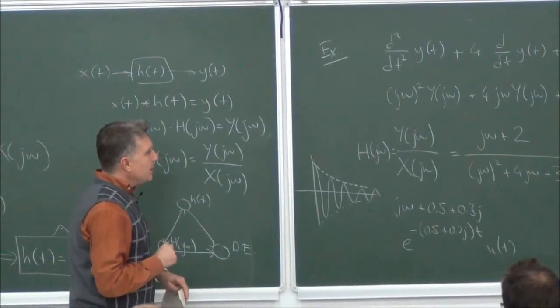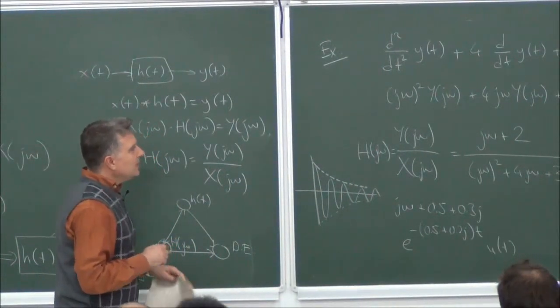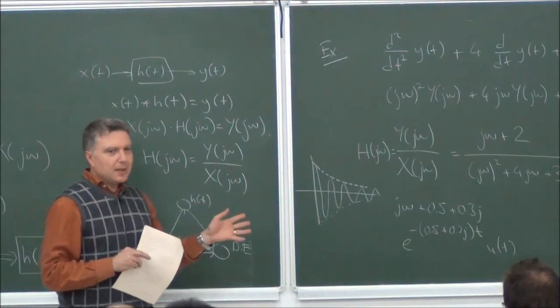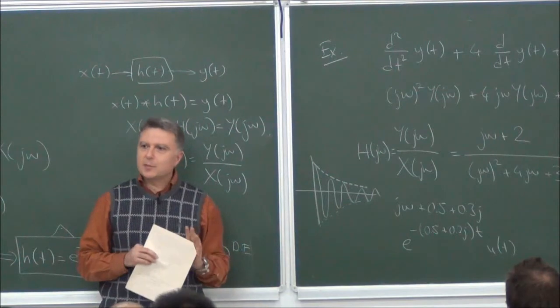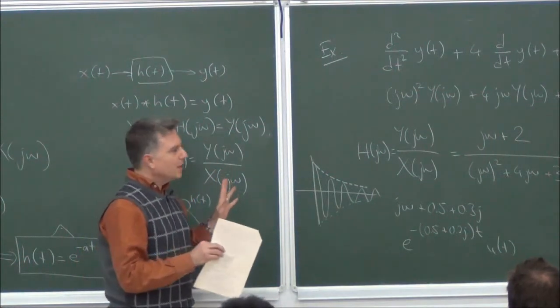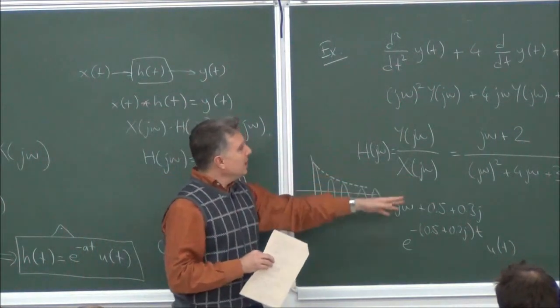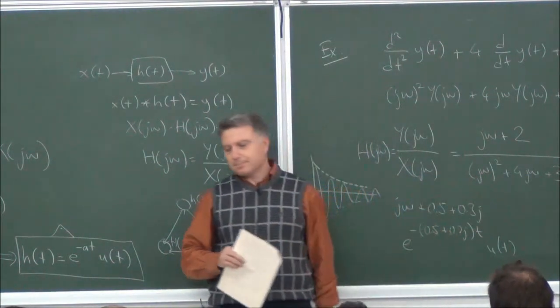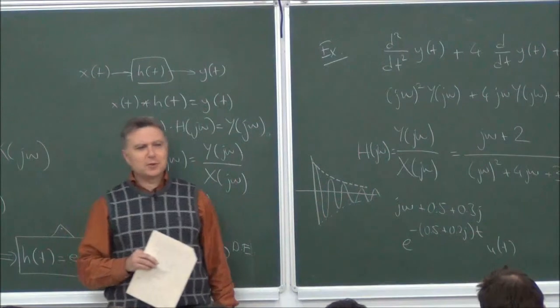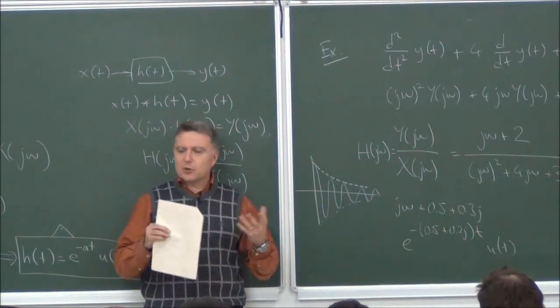So I'm not going into the details of a third order example because they are not related to the concept anymore. The concept is this much. If it's a third order system, then you will have a third order denominator. And how do you find the roots of a third order polynomial?